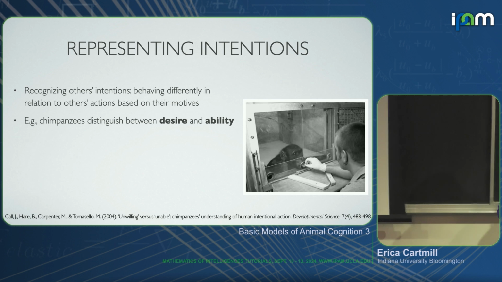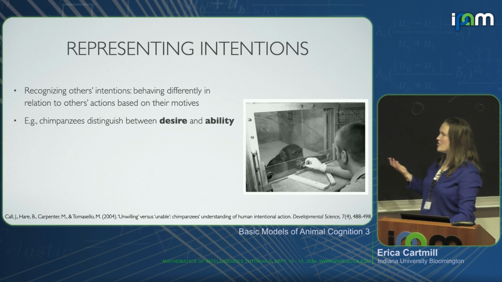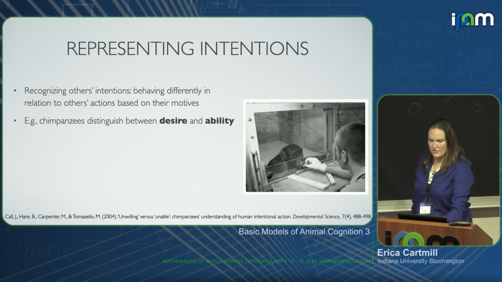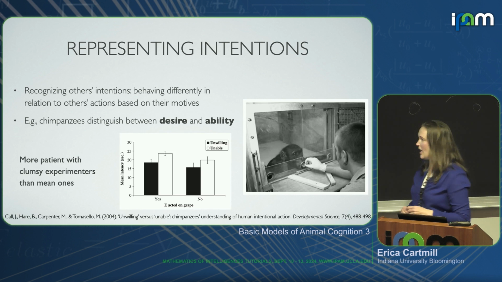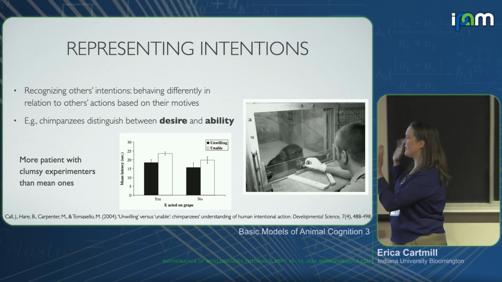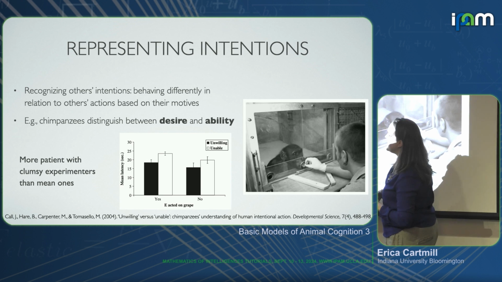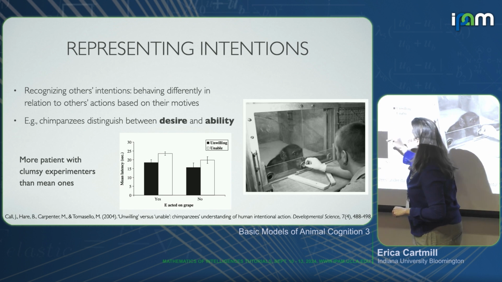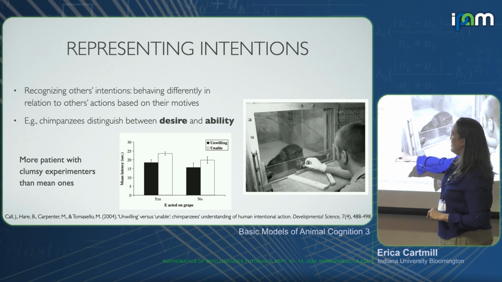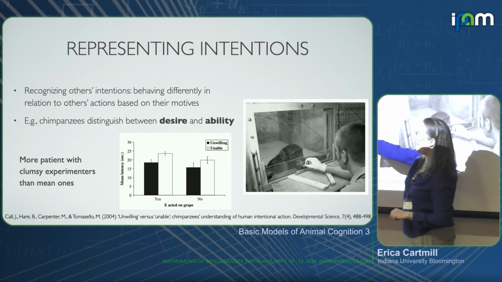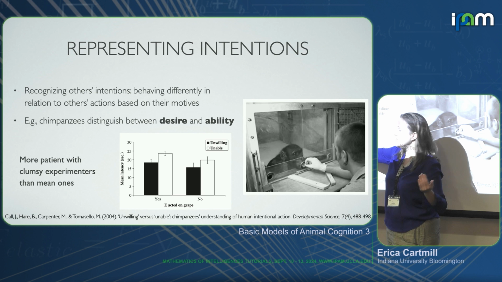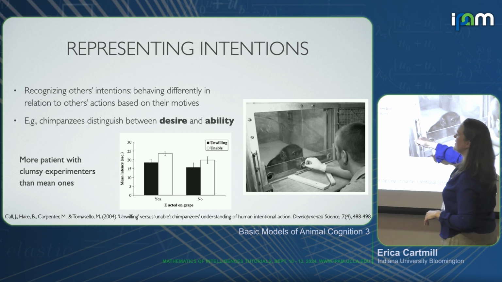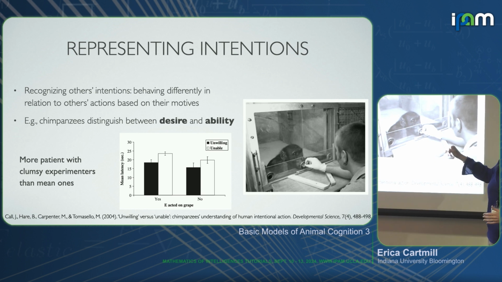So, well-intentioned but clumsy versus malintentioned individuals. What they found, there are a number of different measures, I just pulled out one graph from the study, is if you look at how patient they are, how long they take before they give up and go away, they're more patient with clumsy experimenters than they are with mean ones.